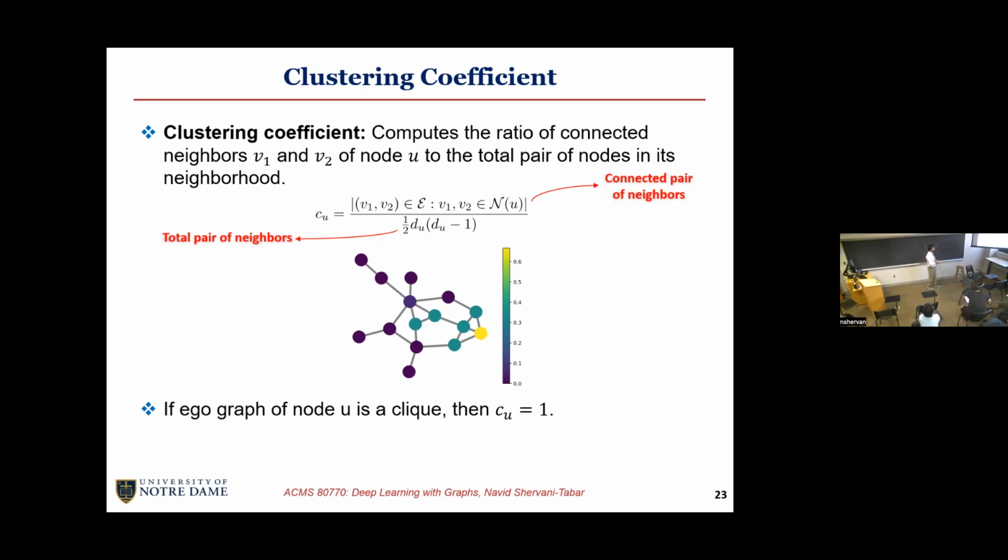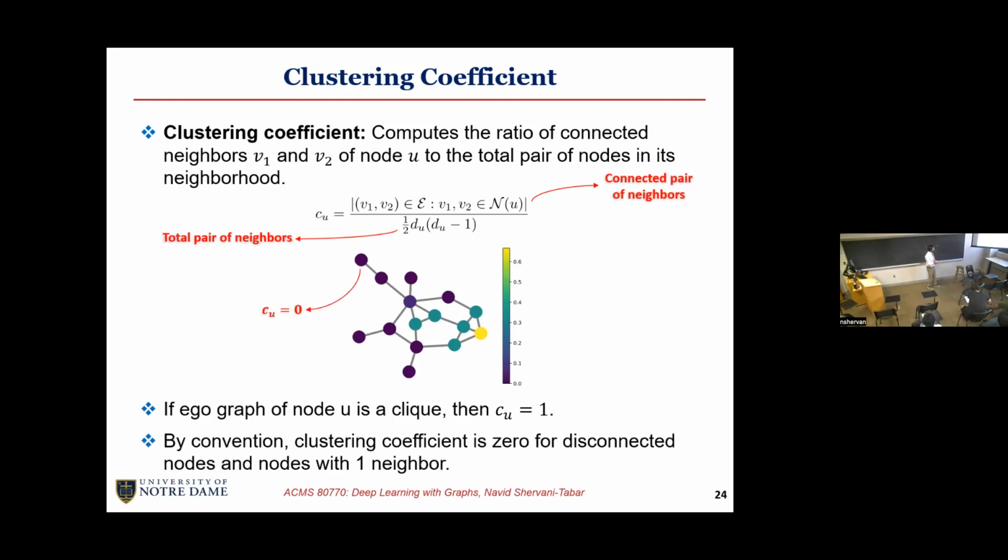So a disconnected node over here, which is a part of the graph and doesn't have any edges, its importance is 0. And we also have the same for the node that is only having 1 neighbor. So this node has 1 neighbor. This is not going to be well defined. By convention, we set this to 0.